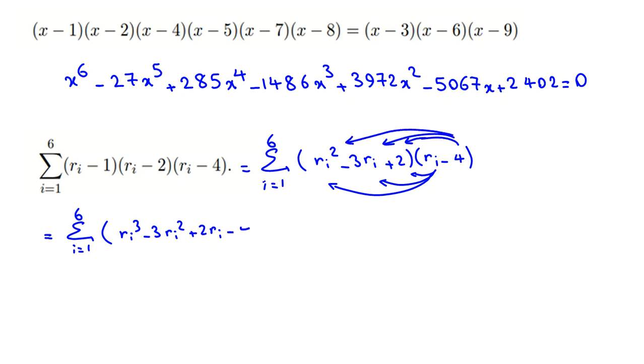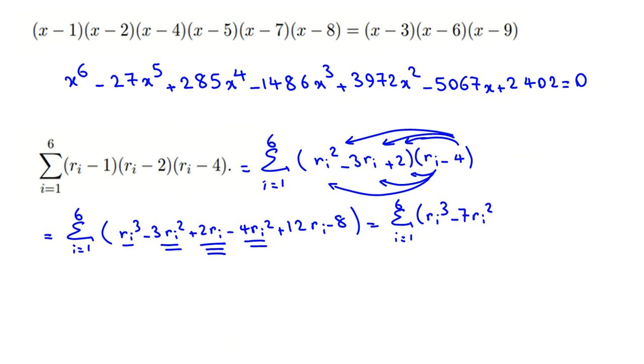It will be negative 4Ri squared plus 12Ri minus 8. And if we simplify, let's check. Ri cubed, we have only one Ri cubed. Ri squared, we have negative 4, negative 3, negative 7 Ri squared. And for Ri, it will be 2 plus 12, 14 Ri minus 8.